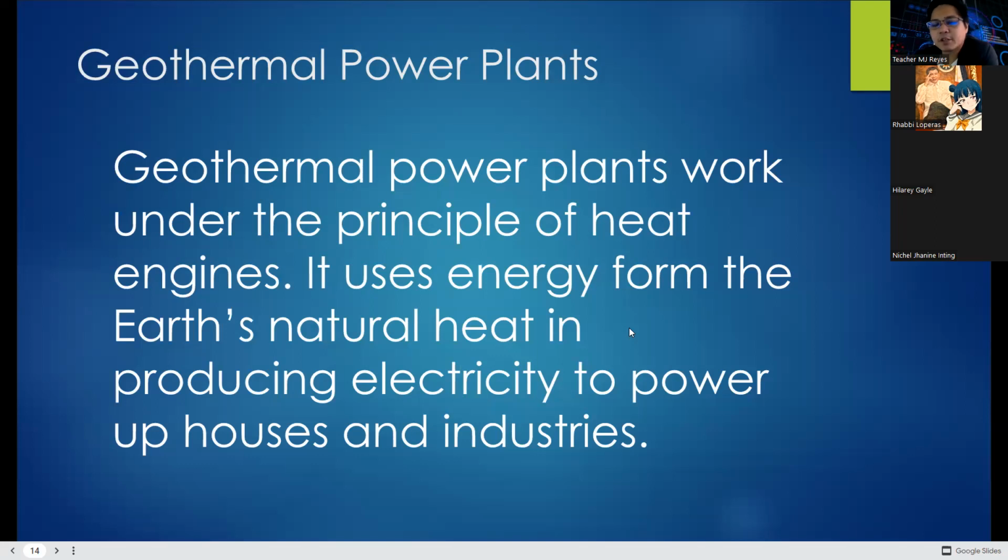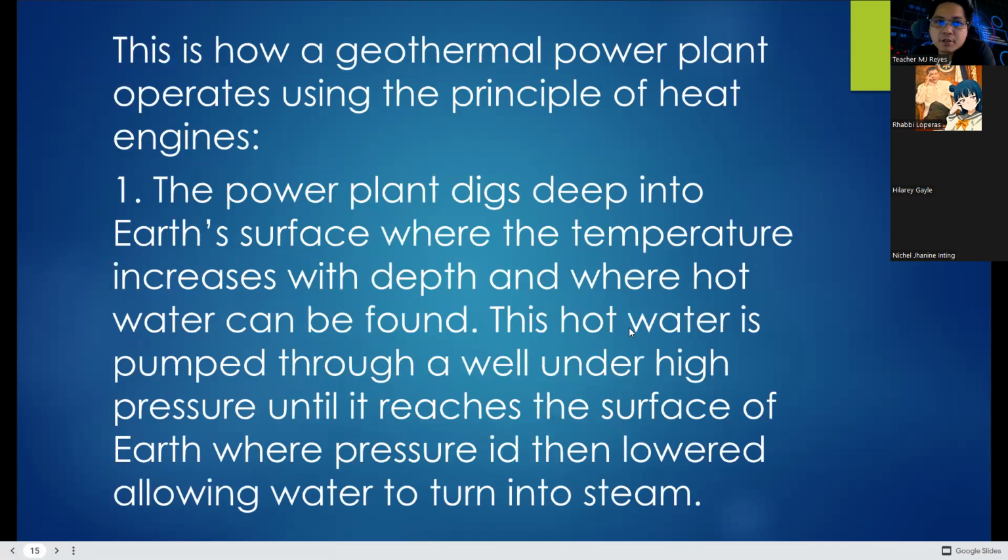We actually harness the heat from Earth in order for us to convert it into more useful energy using turbines. These turbines are actually what? Heat engines. It uses energy from the Earth's natural heat in producing electricity to power up houses and industries. This is how a geothermal power plant operates using the principle of heat engines.